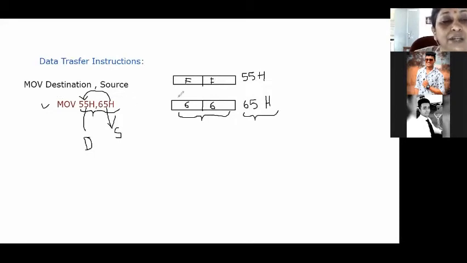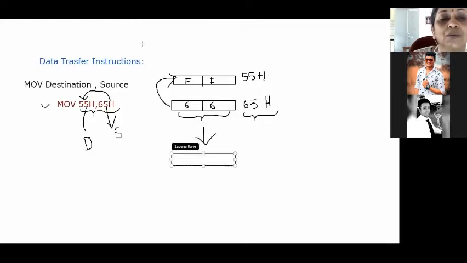Now after execution of this instruction, the data present at 65 hexadecimal, that means 66 hexadecimal, will be transferred to the location 55H.